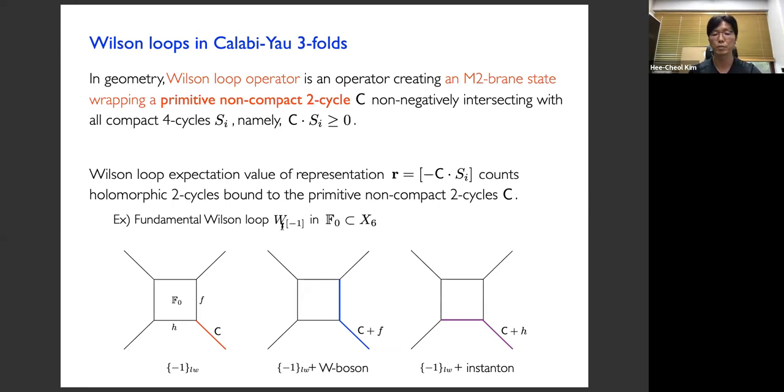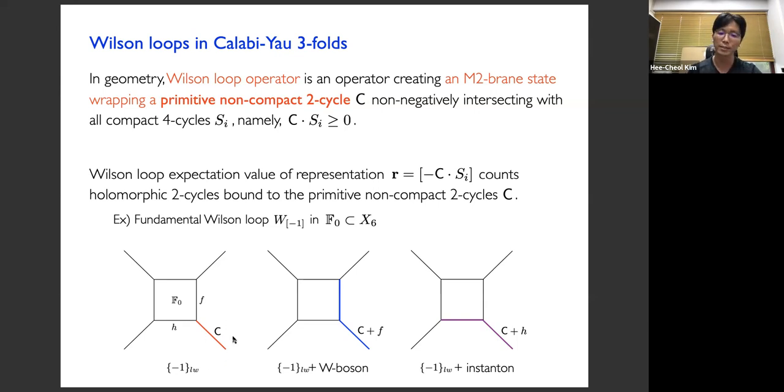For example, the fundamental Wilson loop in the Hirzebruch surface F0, which corresponds to SU(2) gauge theory at zeta equals 0, can be considered as the M2 brane state wrapping this non-compact two cycle and its bound states with other non-compact two cycles, which are given by a linear sum of this primitive curve and other holomorphic compact two cycles like this.